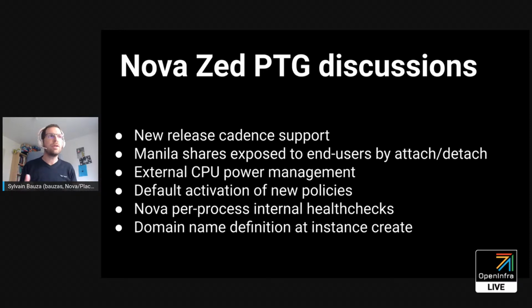First, gmann started to explain about the new release cadence support, about tick releases and tock releases. We'll try to discuss how to use that with Nova, what it will mean, for example, for compute and what it will mean for upgrades.